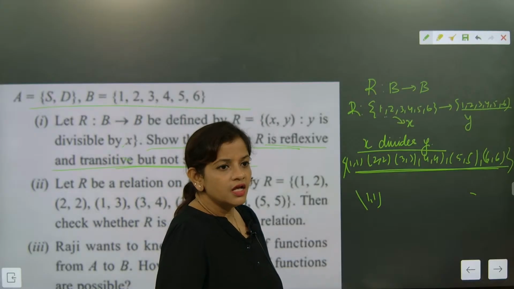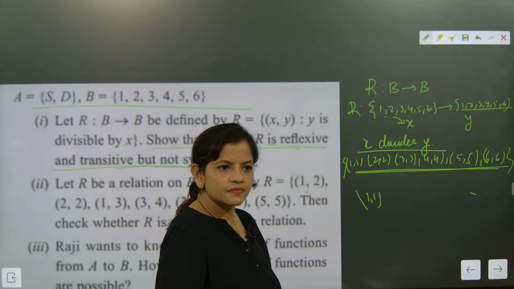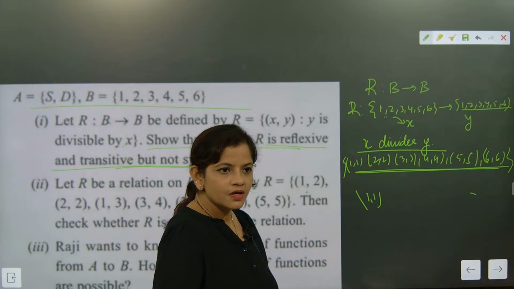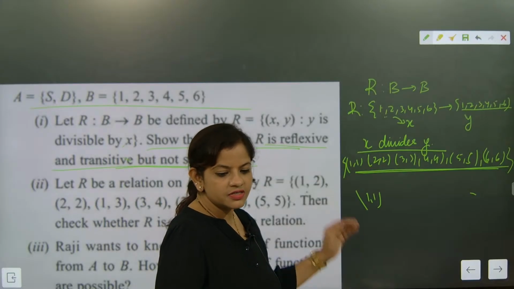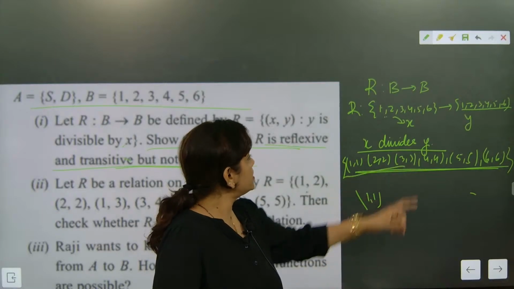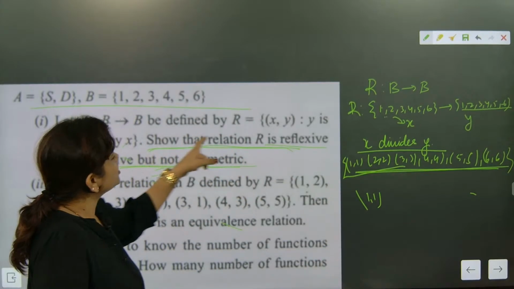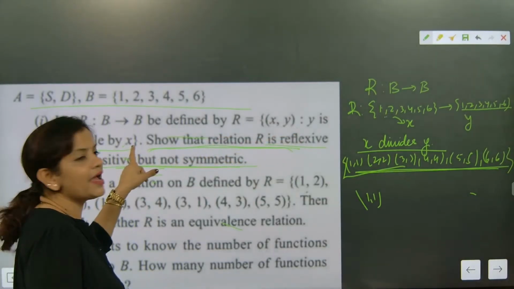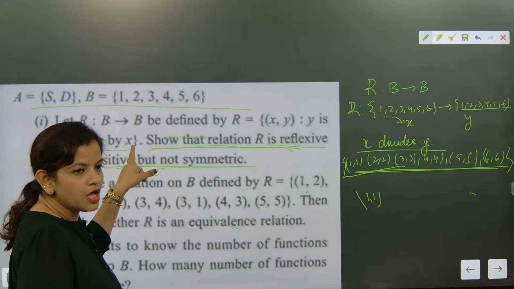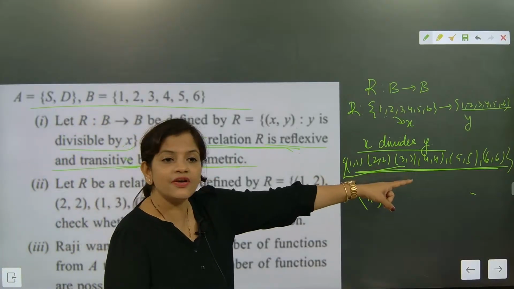It is symmetric, reflexive, transitive, everything. Did you get my point? You need to be very clever. Because the condition is y is divisible by x. Understood? So here 1 1, 2 2, 3 3, everything will be there.